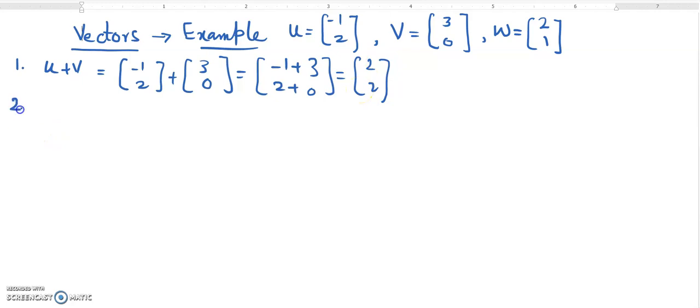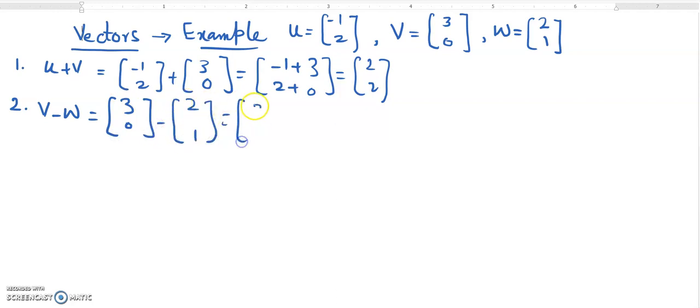If you want to calculate v minus w, then v is (3, 0), w is (2, 1). So it will be 3 minus 2 and 0 minus 1, so it will be (1, -1).